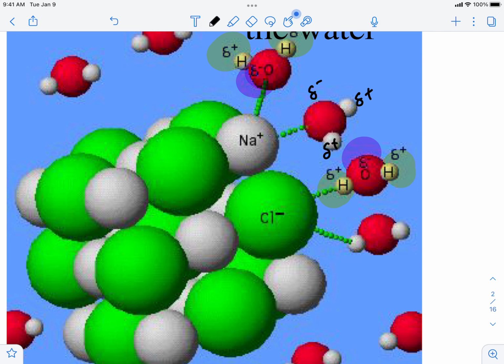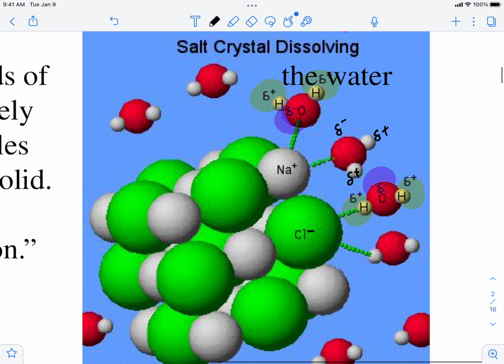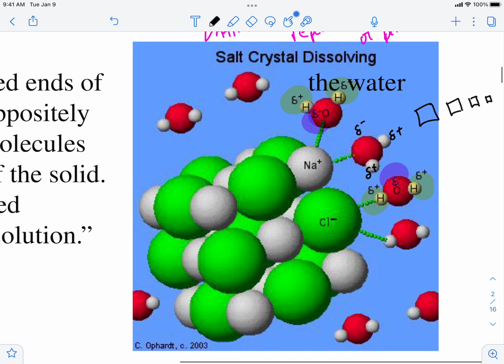And so what's going to happen is slowly, layer by layer, the salt crystal is going to get smaller and smaller and smaller as more and more of its layers dissolve until it's completely dissolved. And the primary reason is this attraction right here. The attraction between the polar molecules and the ions. It pulls the ions apart.